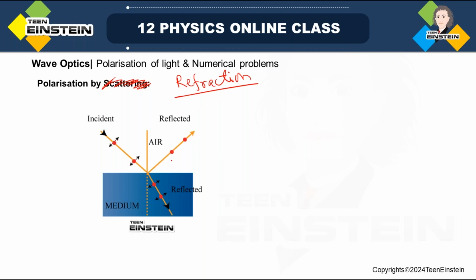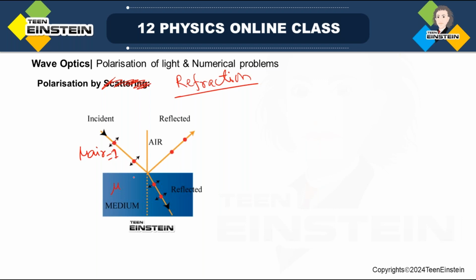In this case, when a light ray is incident at the interface of two media, suppose this is a denser medium having refractive index mu, and this is air, which has refractive index 1.